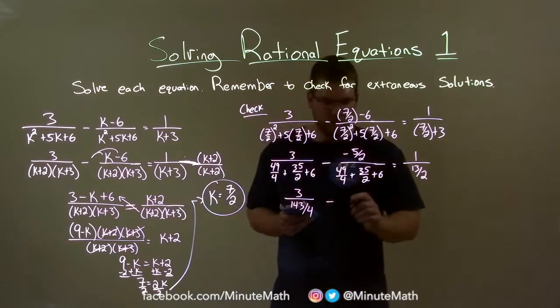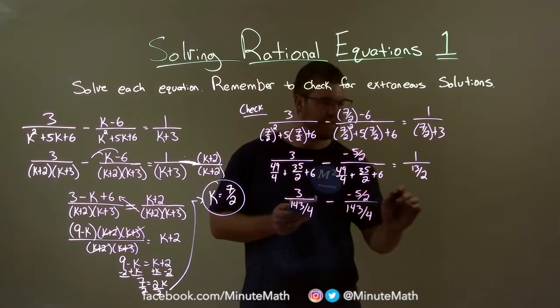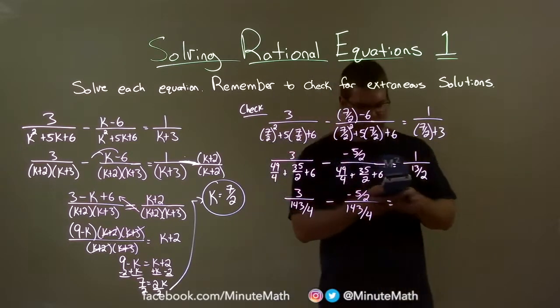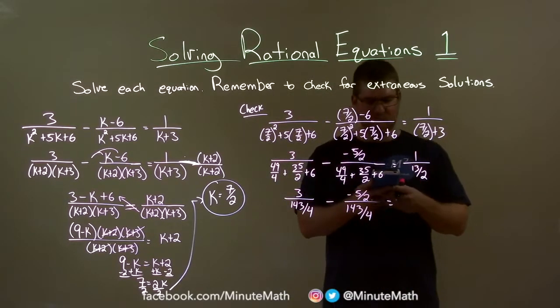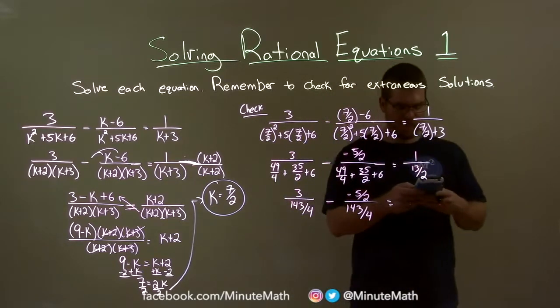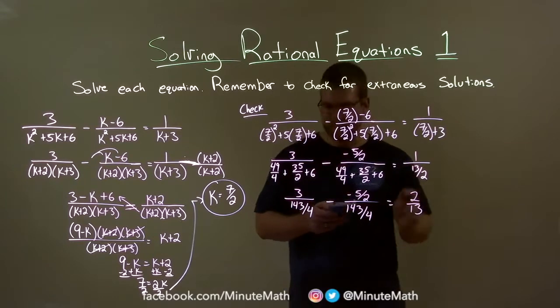Same thing I can assume here with a negative 5 halves over 143 over 4 equals, and let's write this out. I know what it is, but let's just double check it. 13 divided by 2, and so 1 divided by 13 divided by 2 should be 2 over 13, and it is 2 over 13.